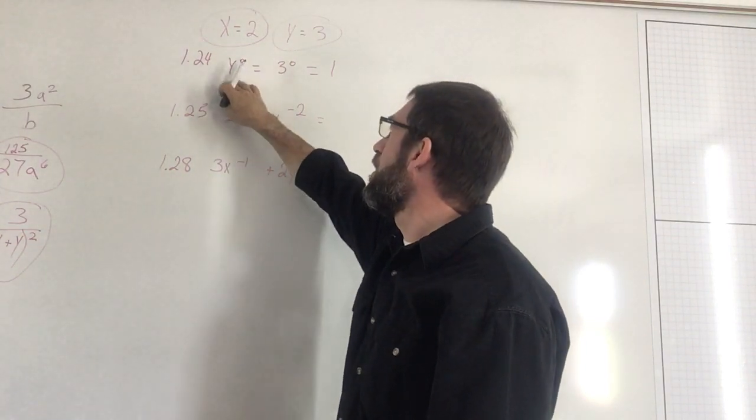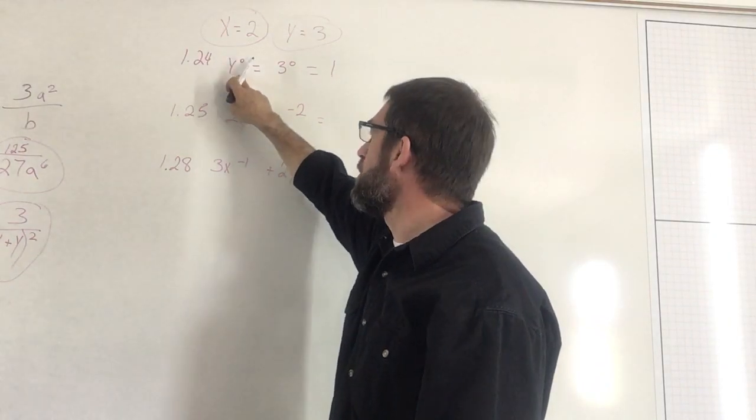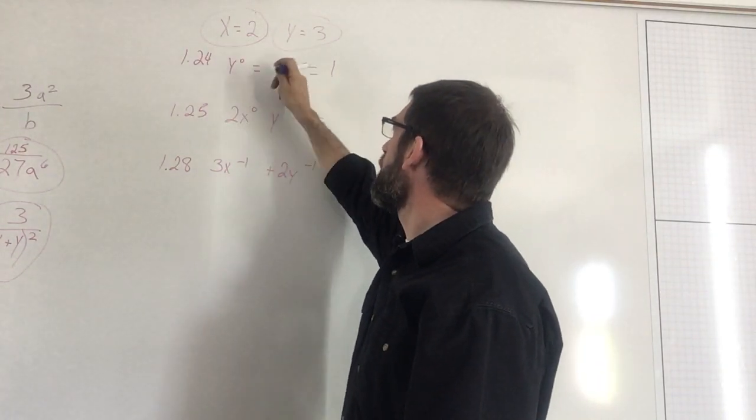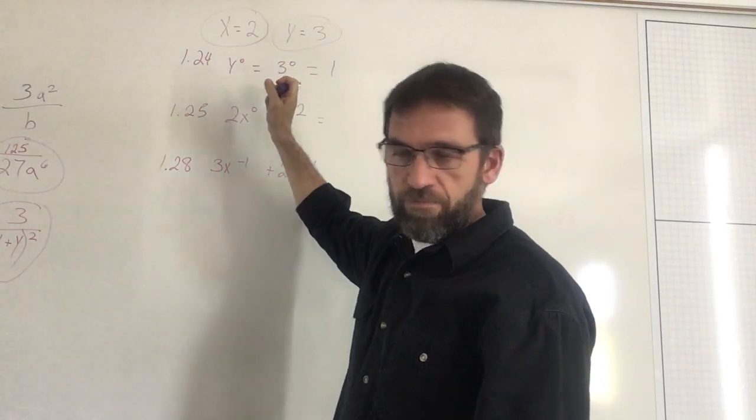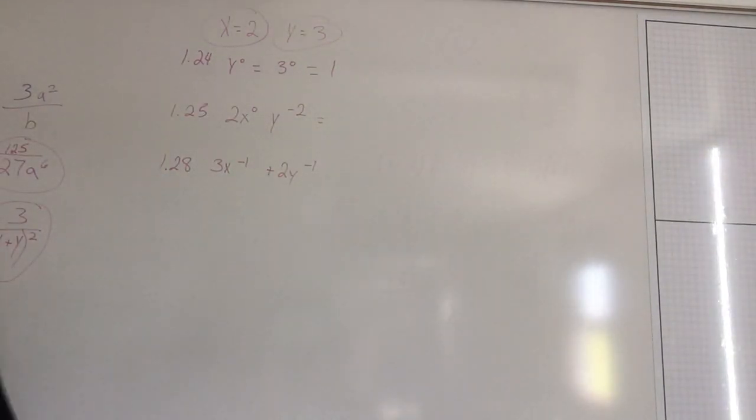So what I've got, I will substitute. In 124, y to the 0 is 1. So 3 times 0, that doesn't change it. That's still 1.